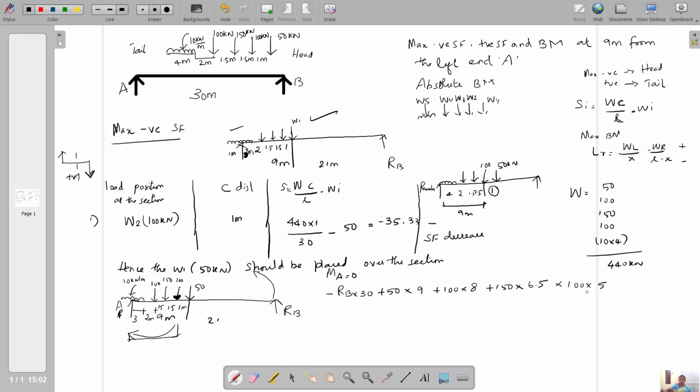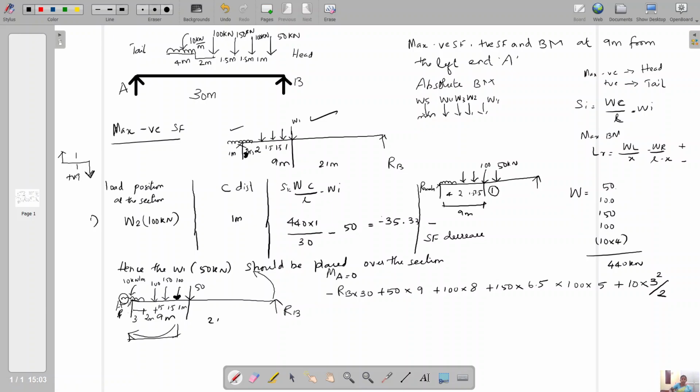Overall, 1, 2, 3, 4 loads are accommodated, and plus 10 is the UDL and the loaded distance. Loaded distance is only 3. Okay, 3 square by 2. You should not take into consideration this portion.